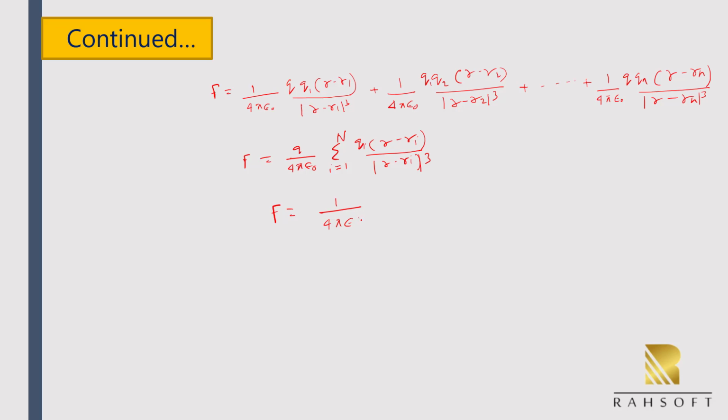We are not taking epsilon naught here, we are taking epsilon, Q1 Q2 over R square. So this is the case when we have some other dielectric or insulating materials instead of air or vacuum, and we have this expression of the force between the charges Q1 and Q2.